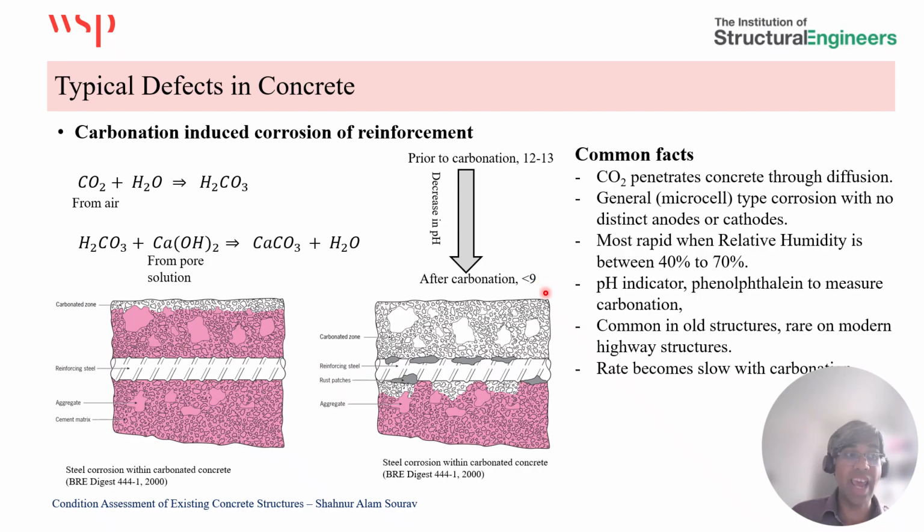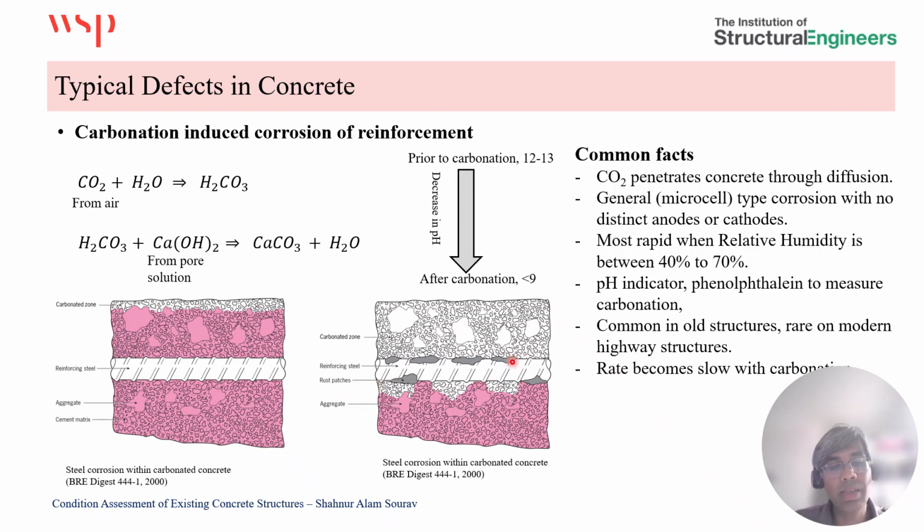to 8 or 9. As you can see in the photo on the left, the carbonation front is still progressing at this stage from the top into the concrete. So the reinforcement is well protected within this uncarbonated concrete. Once this carbonation front reaches the reinforcement or goes beyond, the reinforcement is exposed for further corrosion.